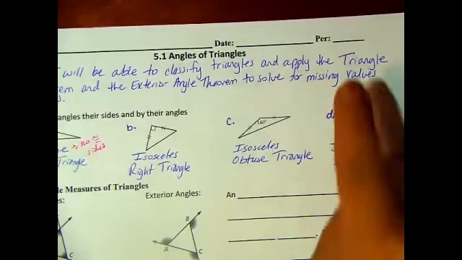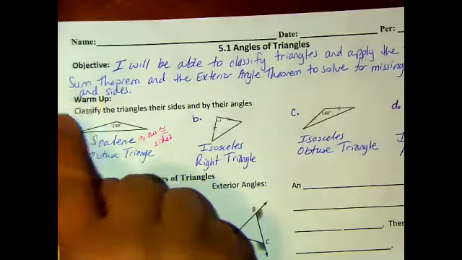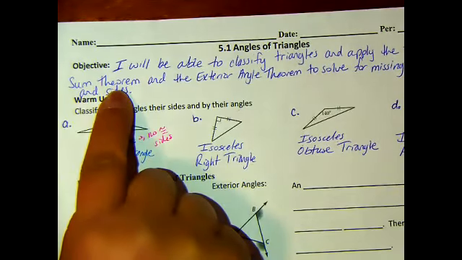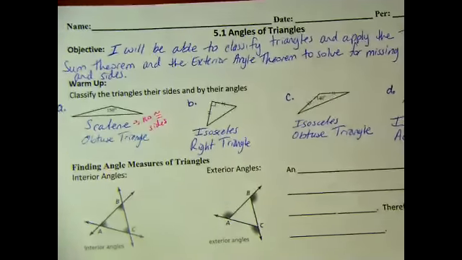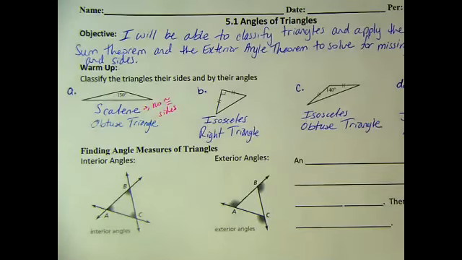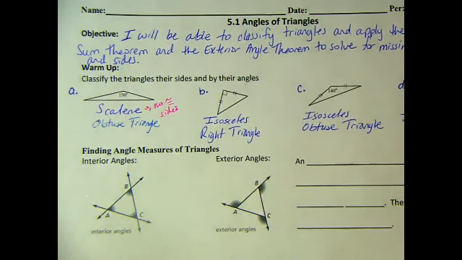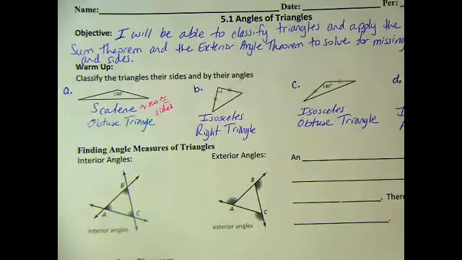Okay, the first is the triangle sum theorem. I normally do this lesson as one entire lesson. But part of me wants to split it into 2 days. We'll see how you guys do.